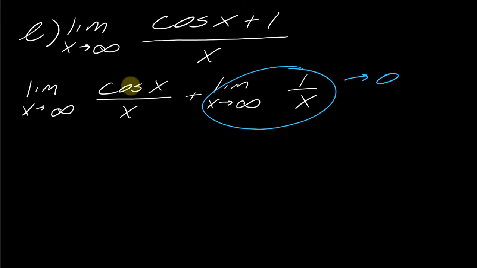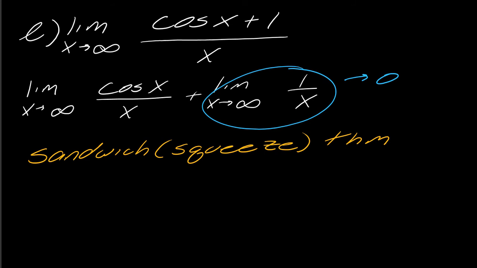So a stronger way to approach limits at infinity with trig functions is to use the sandwich or squeeze theorem, and I have whole other videos on that, so you can check those out. And so what I want to do here is set up an inequality that I know the cosine of x falls in between.